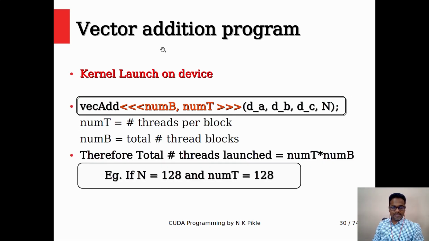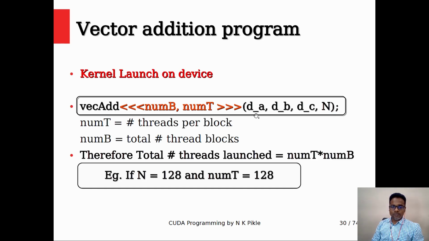Now the next step is the actual kernel launch on the device. That means the actual GPU function we are going to launch. So far we have understood what this GPU function is, and the significance of the parameters we are passing. Earlier we had a blank function, a function without any argument, but now I am passing some arguments.